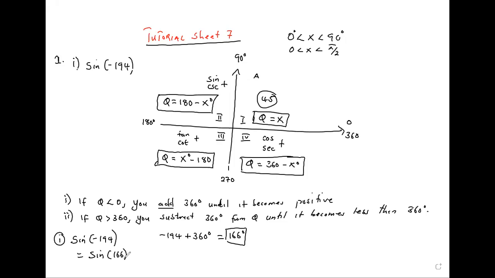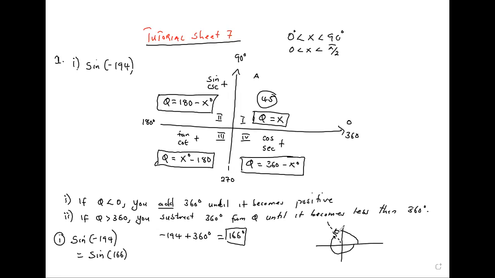Because when it's negative, you are starting from there going this way, so you reach somewhere here. That is negative 194. So when you add 360, it means that you've gone in reverse, and that angle there is 166. So these two angles are called coterminal angles. Coterminal angles have same properties in everything.